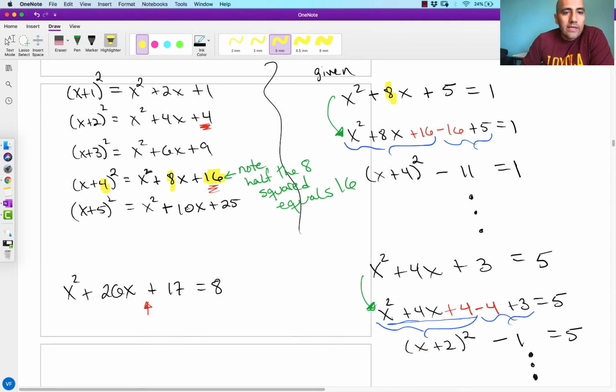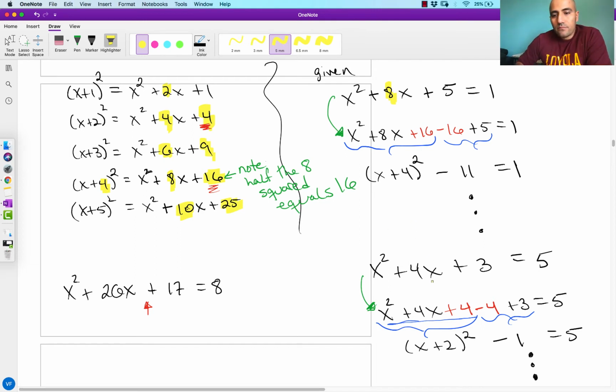Notice that, again, the relationship between this number and this number is that it's half of this squared. And that's the same thing as this one, too. Half of 2 is a 1. 1 squared is 1. Half of the 6 is a 3. 3 squared is 9. Half of the 10 squared is 25. So that pattern exists all the way through.